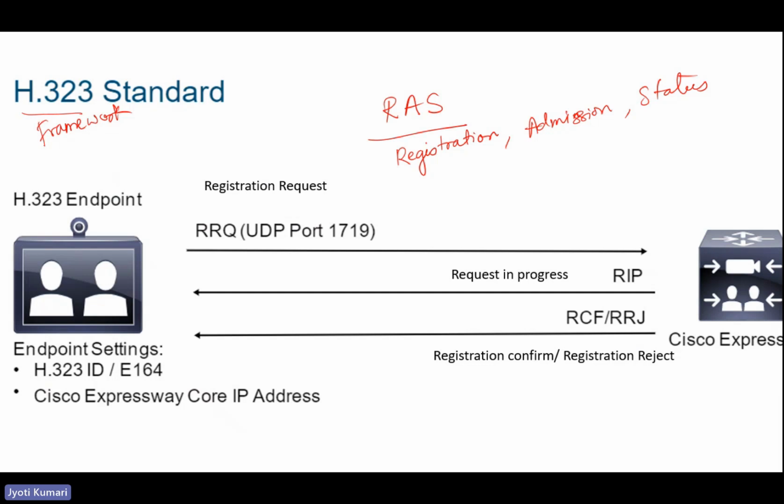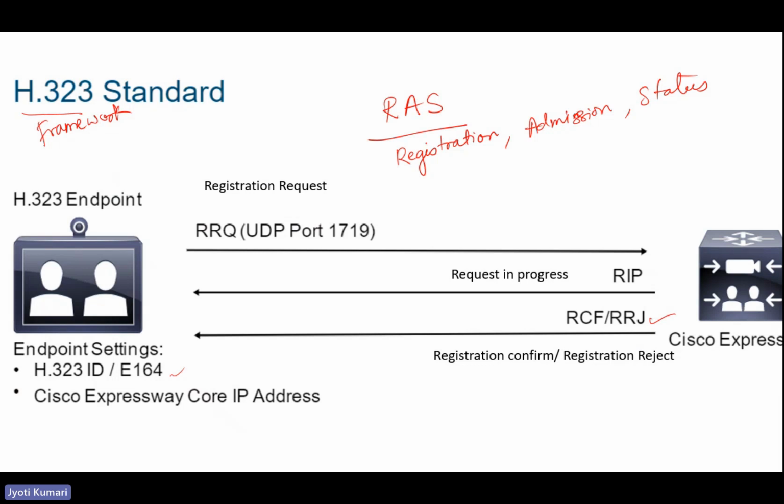There are message types like registration request, then there is registration confirm or registration reject based on the status that will happen. So to register an H.323 enabled device to Expressway, you have to configure the device with either E.164 standard or H.323 ID or both with an IP address of Expressway that must be manually configured on the endpoint.